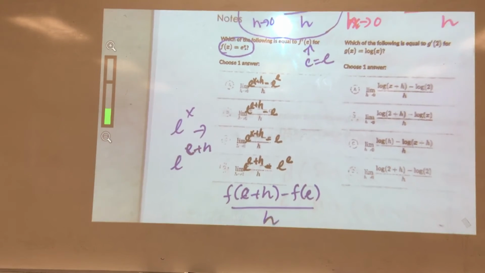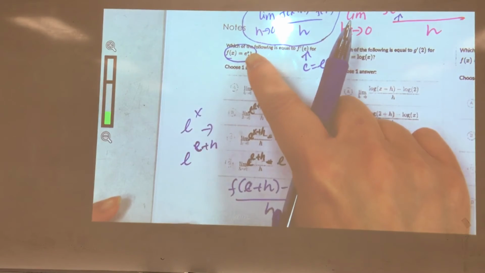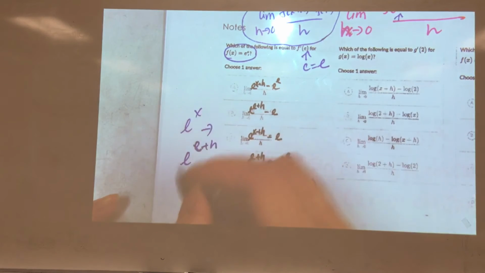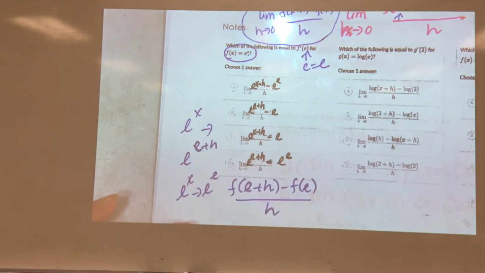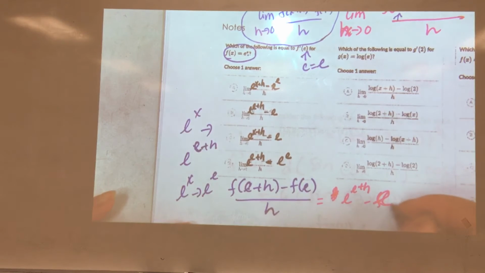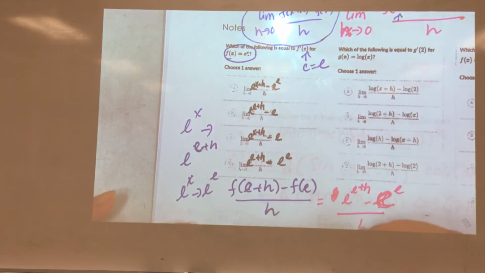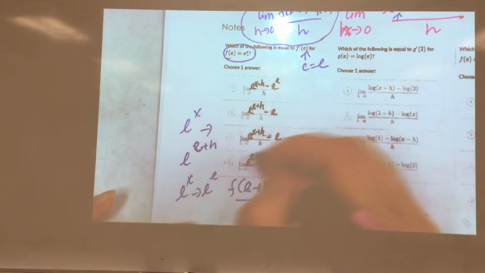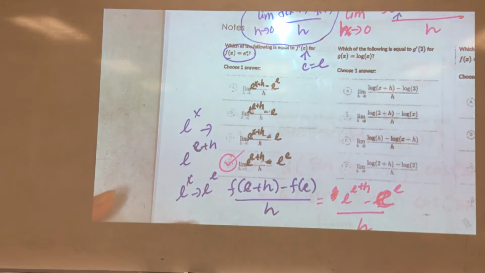And f of e means I'm replacing the e to the x with e to the e. That's what I'm doing. So if I put this together, it's going to be e to the e plus h minus e to the e over h. So this will be the limit.